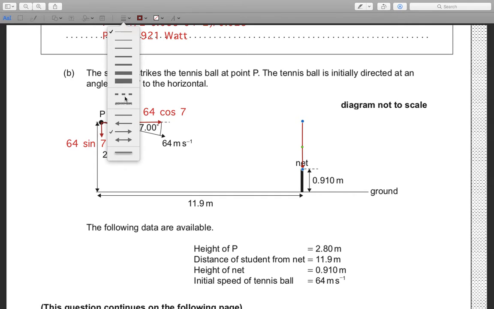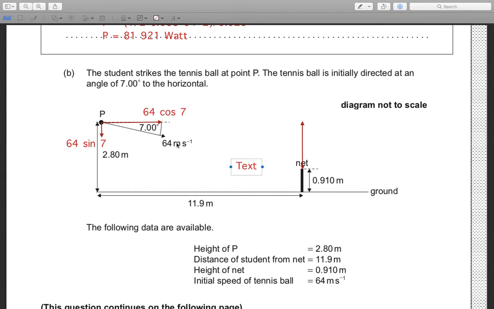The distance between this side is equal to 2.80 minus 0.910.